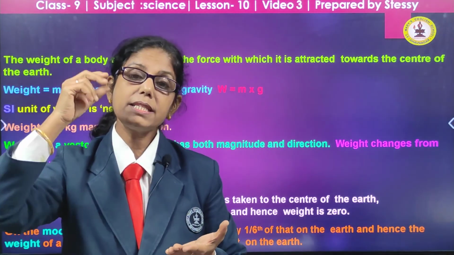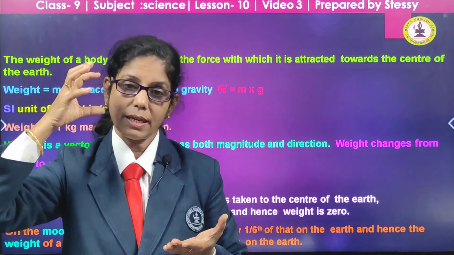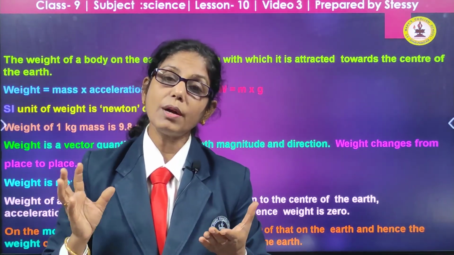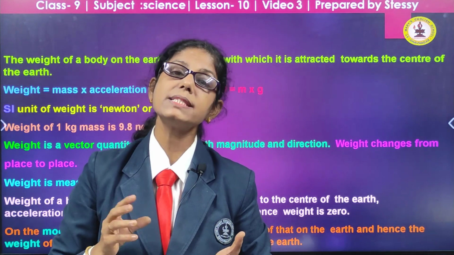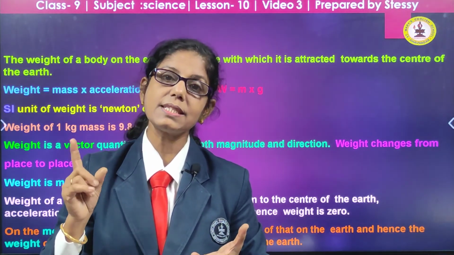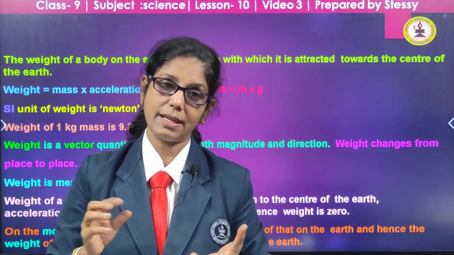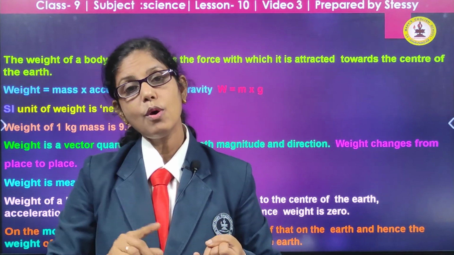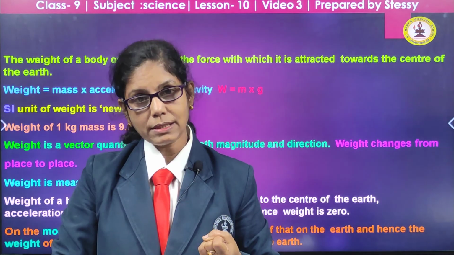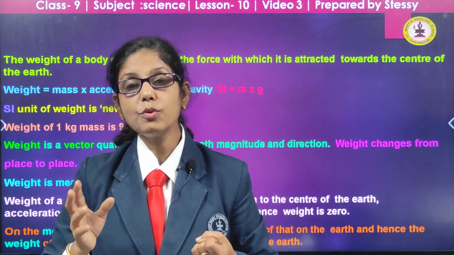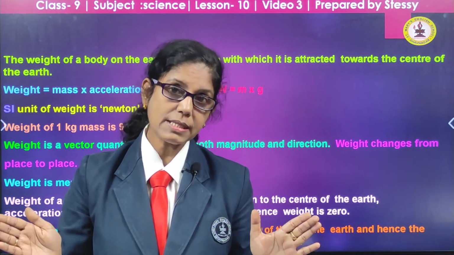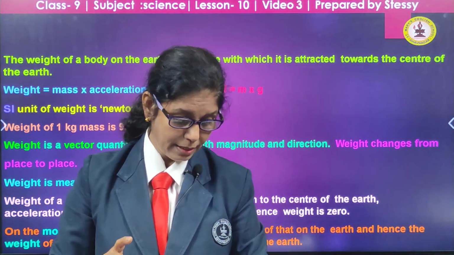But when this 60 Newton body is taken to the moon, what will be its weight? 1/6 times, that is 60 divided by 6, which will be 10 Newton. Is it clear? So the weight of a body on earth divided by 6 gives the weight of the body on the moon.